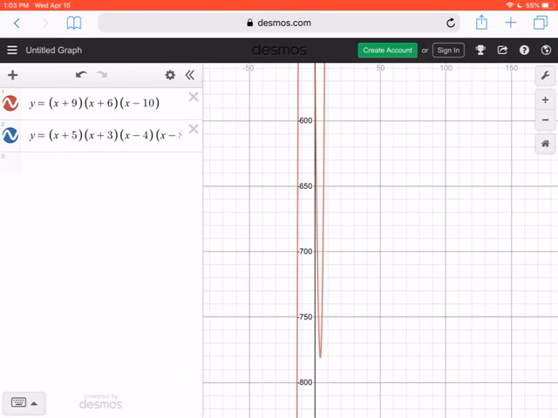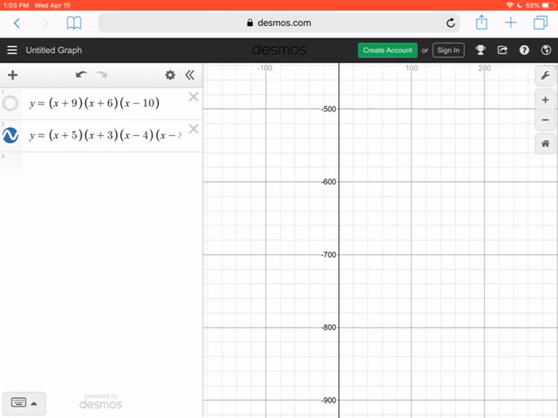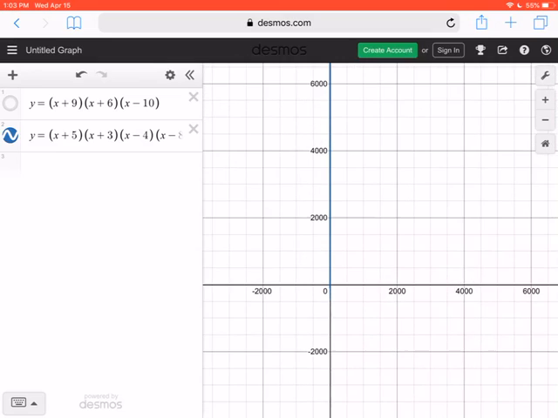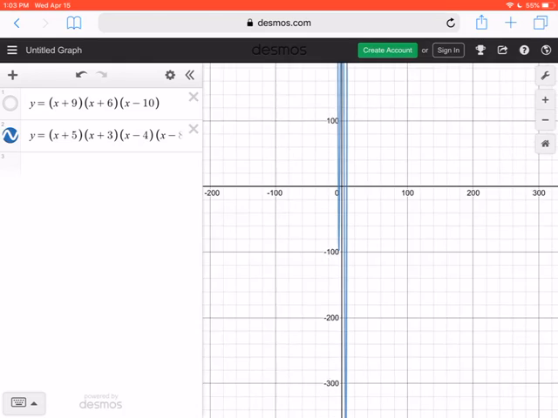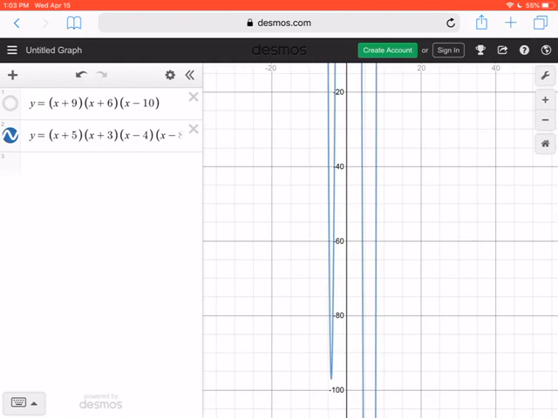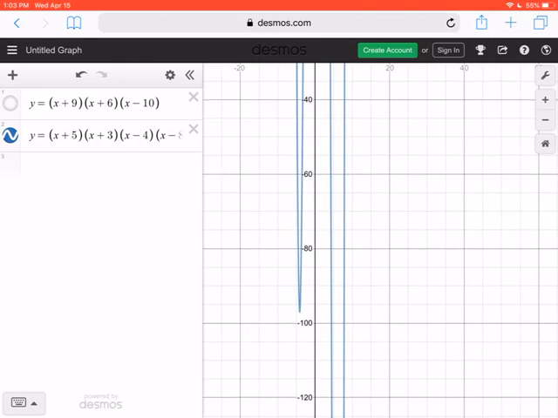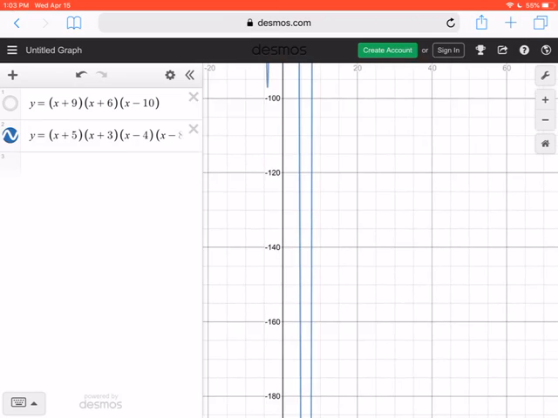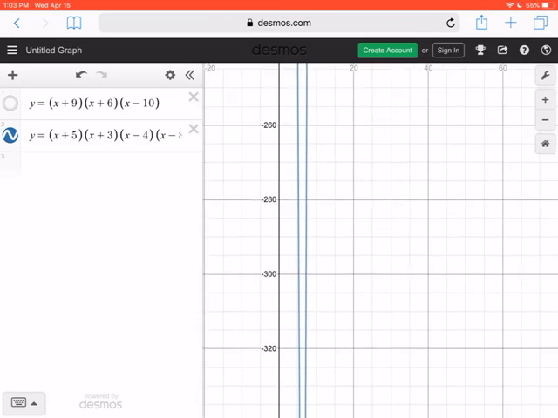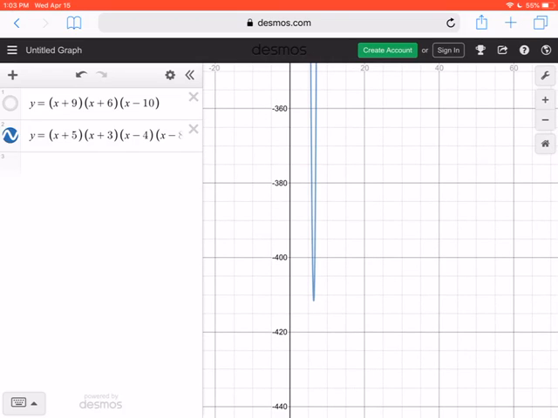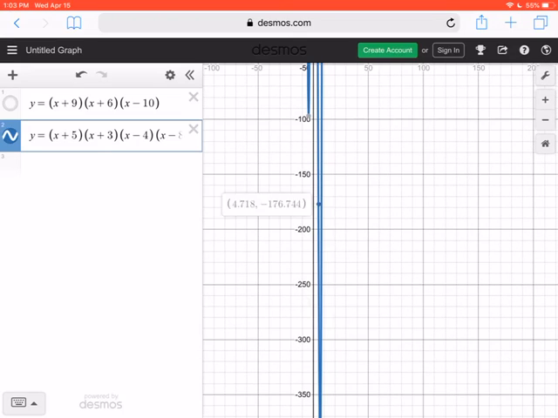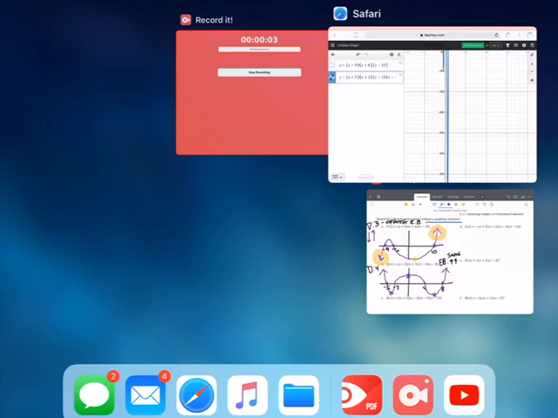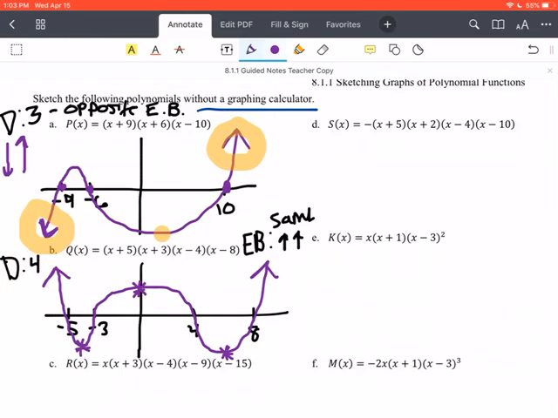Remember, my scale's in the thousands right now. I see a valley at negative 100. I see another valley, I'm scrolling at negative 410. So the scale on the y-axis is not accurate when we do these sketches.